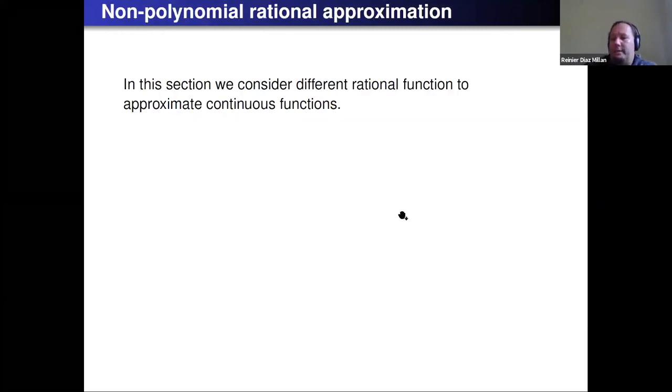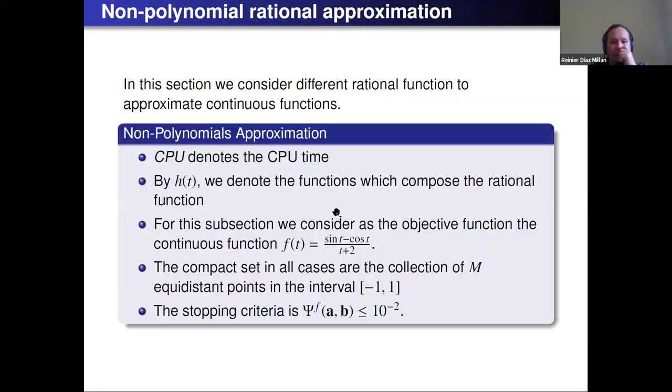Now we tested the algorithm for non-polynomial approximations. We take non-polynomials and approximate the function to see what happens. In this case, we compute the CPU time to see how fast or how much time the algorithms spend to solve the problem. AHT will denote the function with which we compose the rational function.